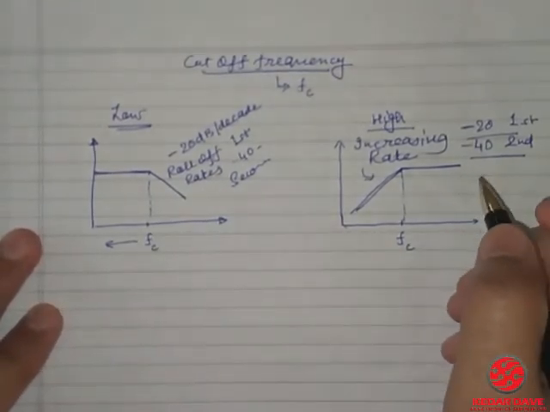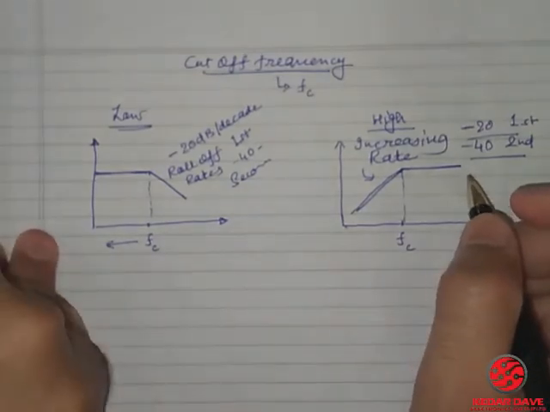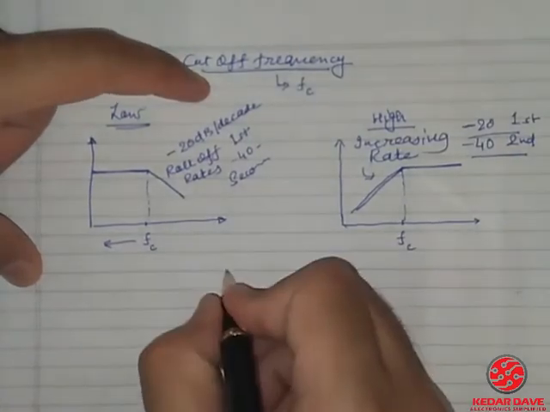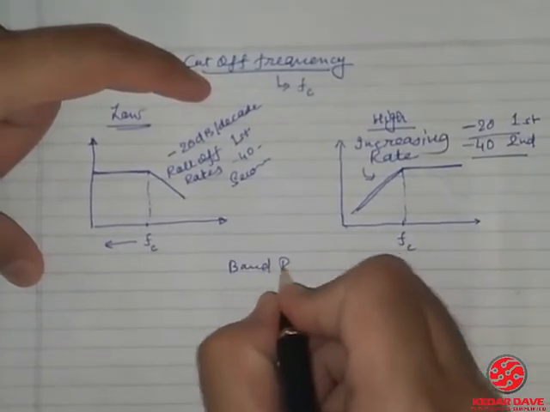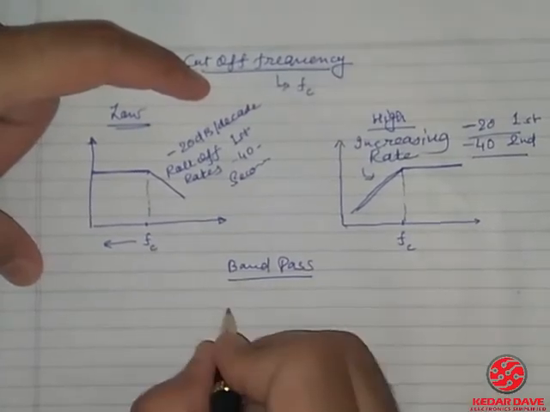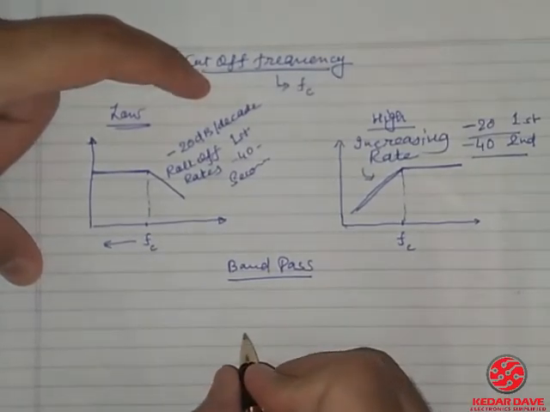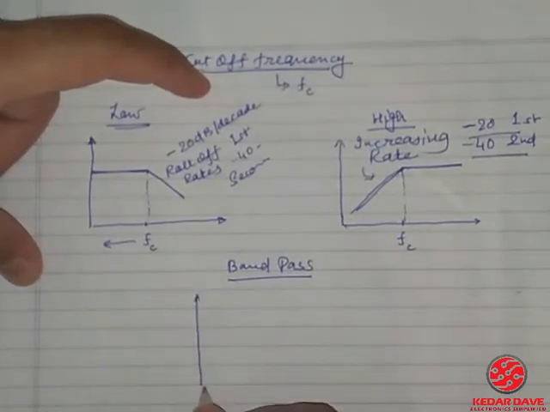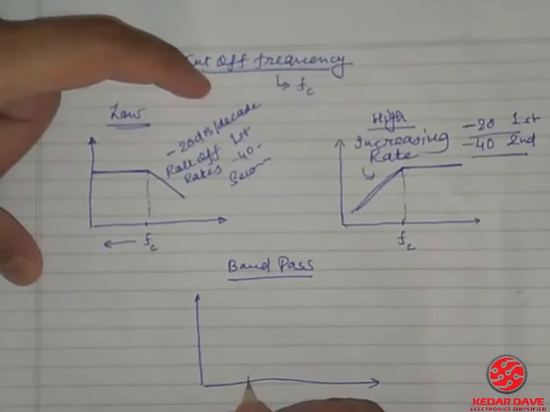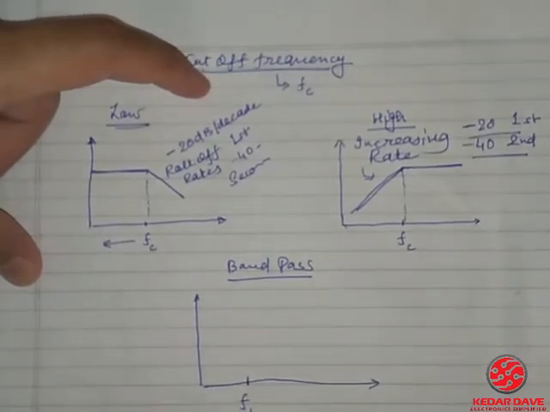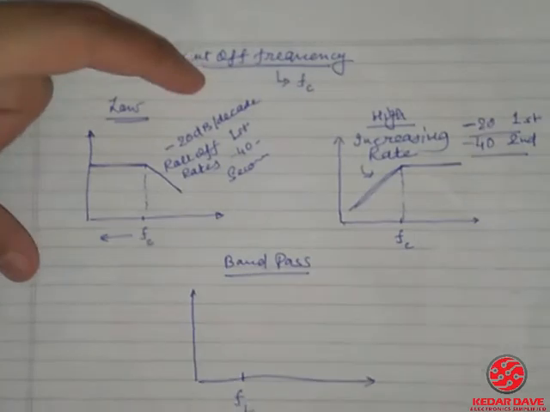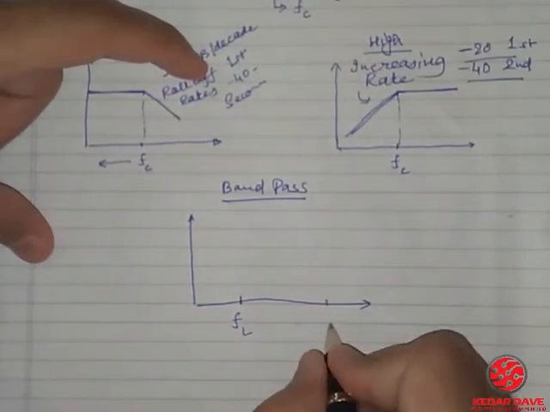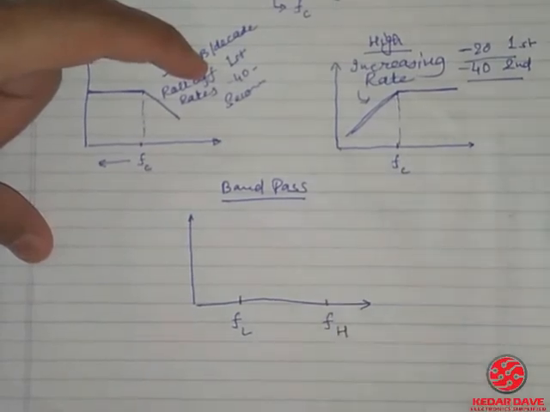Now we need to take care of two different frequencies for this band pass filter. In this band pass filter we have a particular frequency range. The frequency at the lower side will be called the lower frequency, and the frequency at the higher side will be called the higher frequency, right?